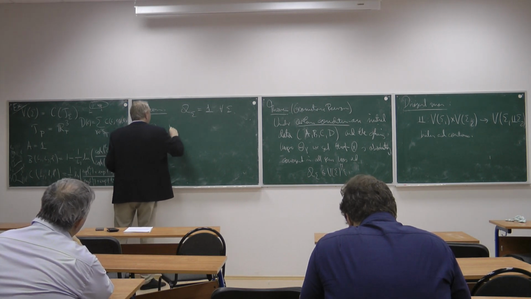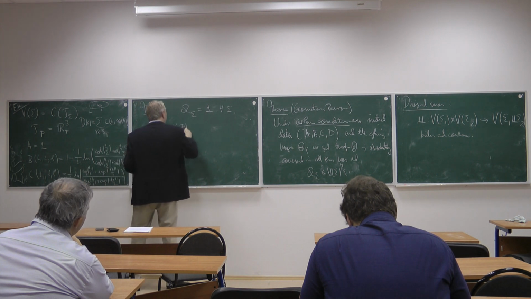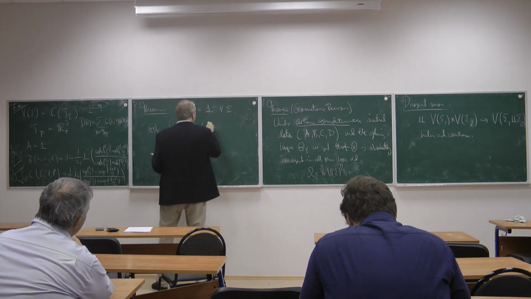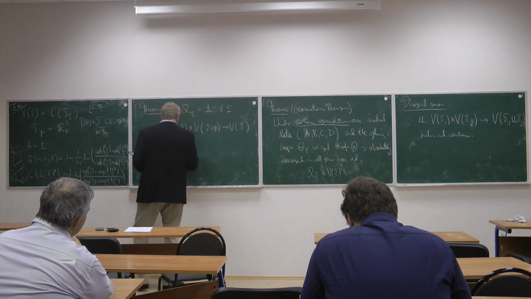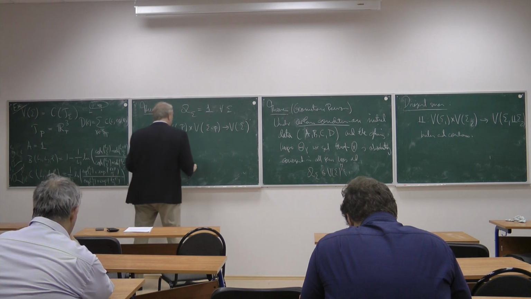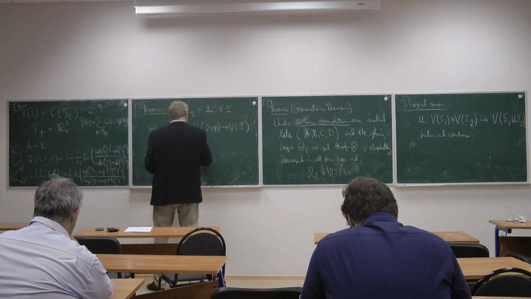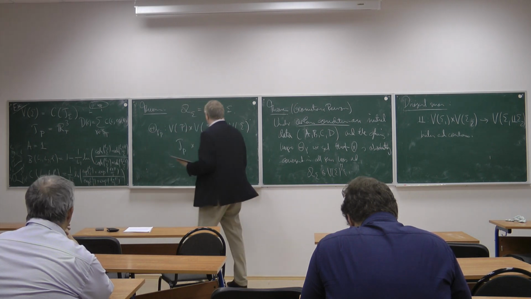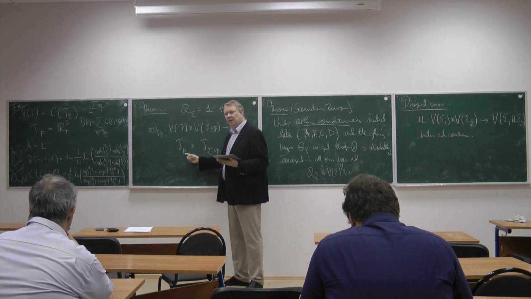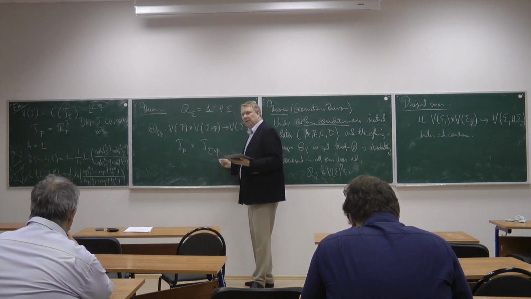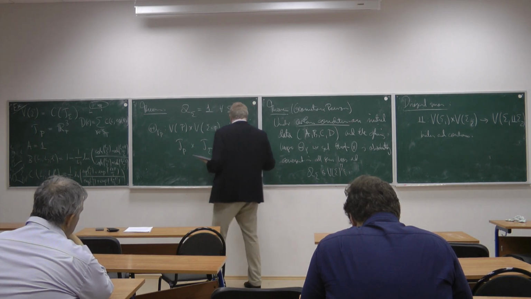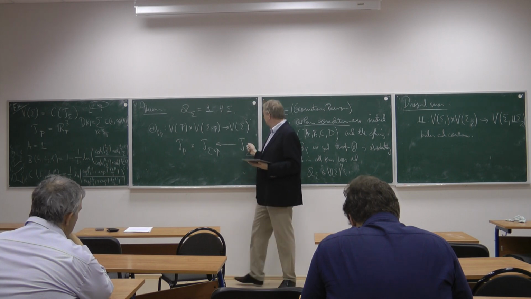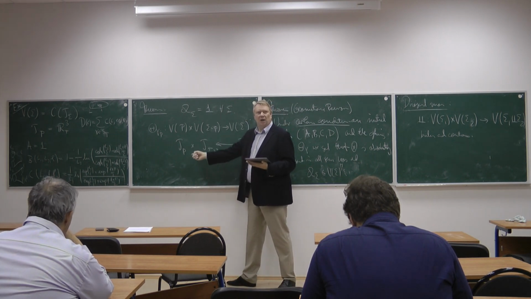So the gluing map gamma P here is V of P cross V of sigma minus P to V of sigma. Well, what I do is I take Teichmuller space of the pair of bands, and then I consider Teichmuller space of sigma minus P. So what this means is that it's a hyperbolic metric on P, and it's a hyperbolic metric on the complement of P. And so what you see is that there's actually a map from Teichmuller space of the whole surface, by simply mapping, just restricting the hyperbolic metric to 2 parts.